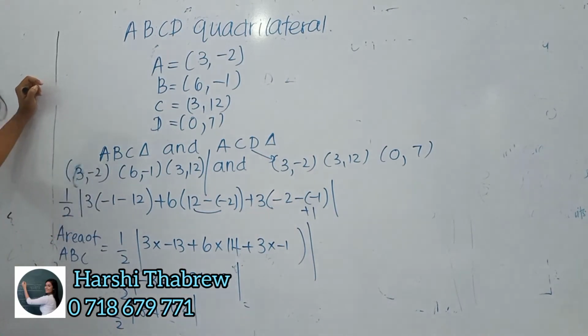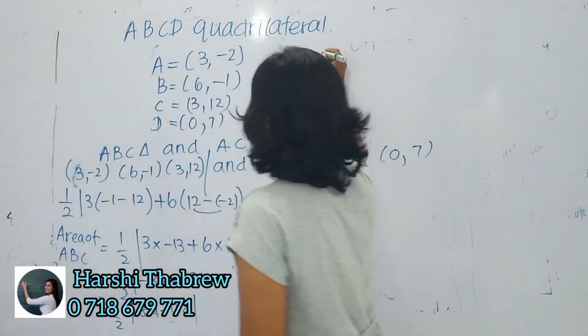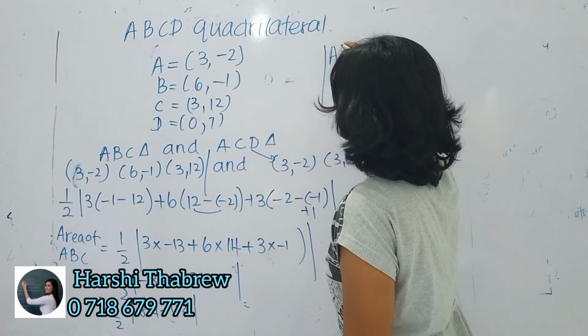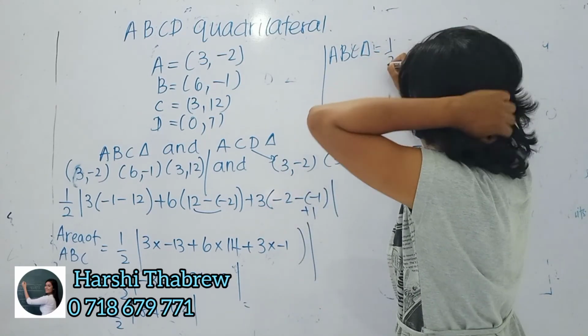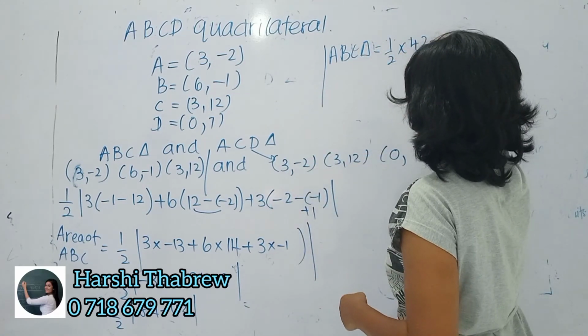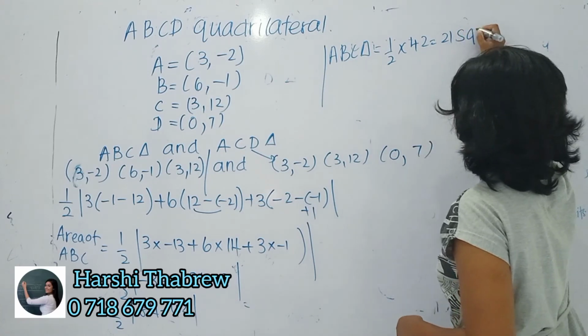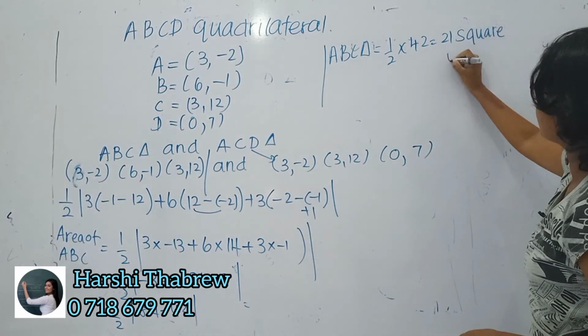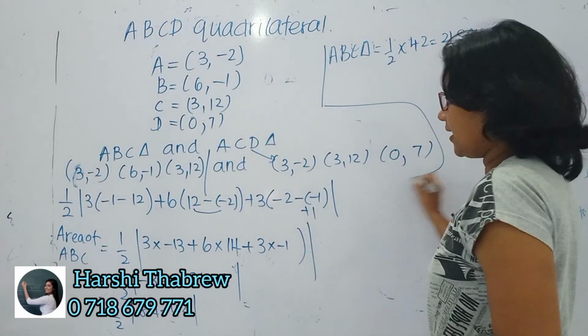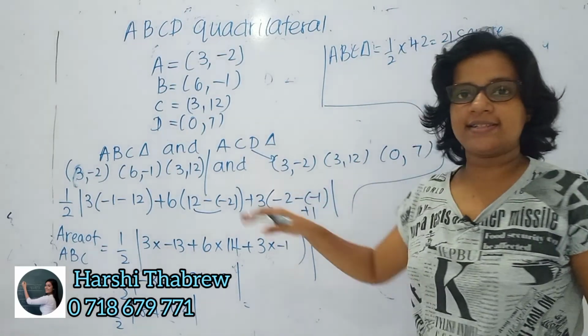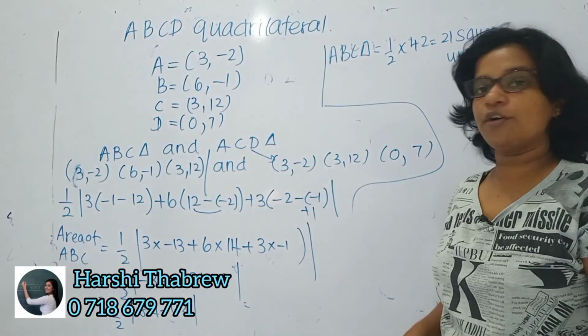It's 42. Then area of ABC triangle equals half into 42. It's 21 square units. Then you should select these three coordinates and find the area of these.